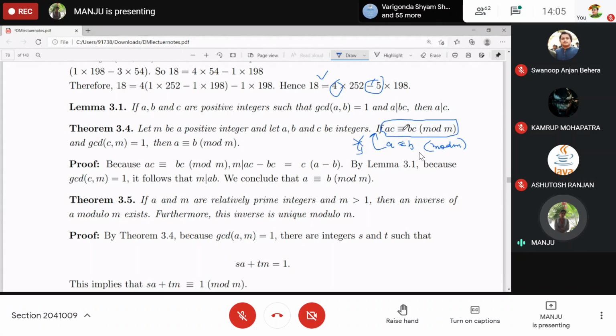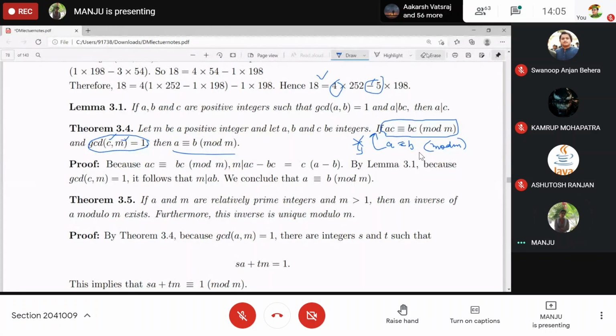Division is possible if the divisor C is coprime with M. If C has GCD with M as 1, only then you can write this. So this is the exception in case of division. Division property does not always hold.